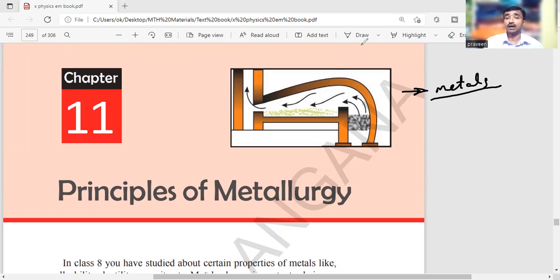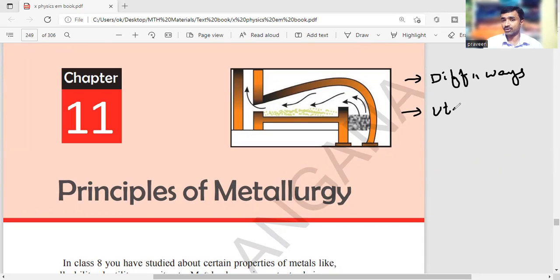Nowadays, we use metals in our regular life in many different ways, for many purposes. For example, in the kitchen, you observe everything made of metals.